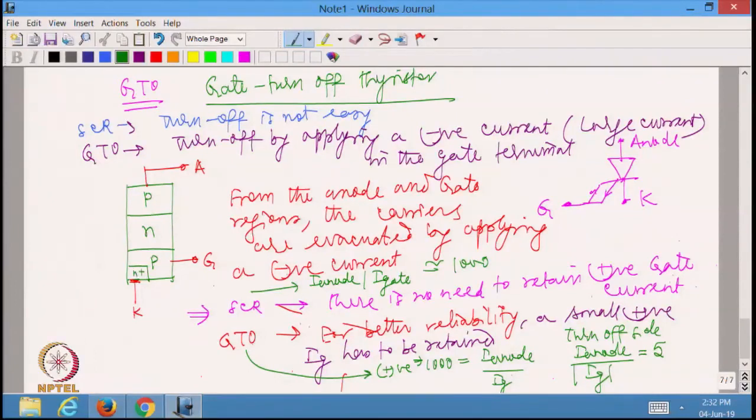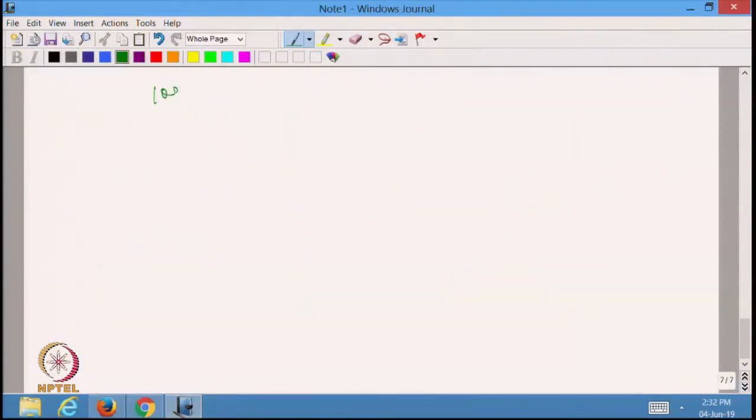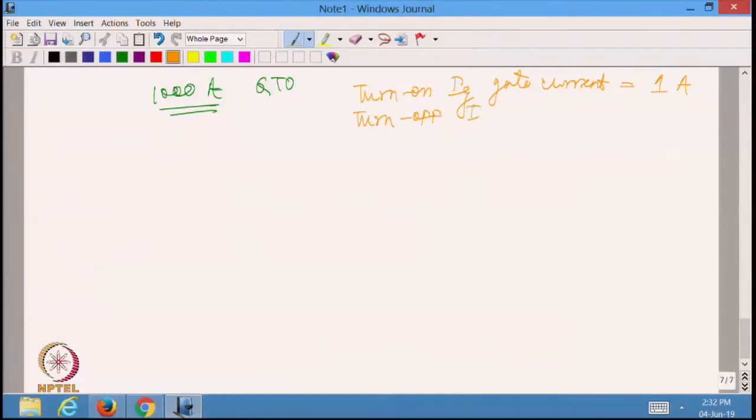So, for example, for a 1000 ampere rated GTO, the turn on gate current is going to be only of the order of 1 ampere, whereas the turn off gate current is going to be of the order of almost 200 amperes.